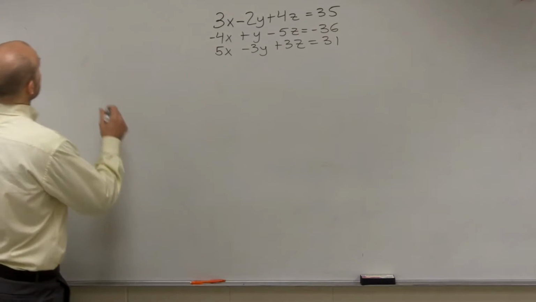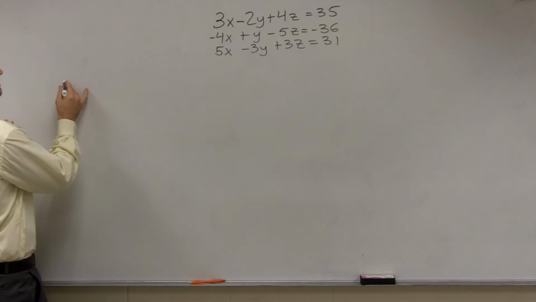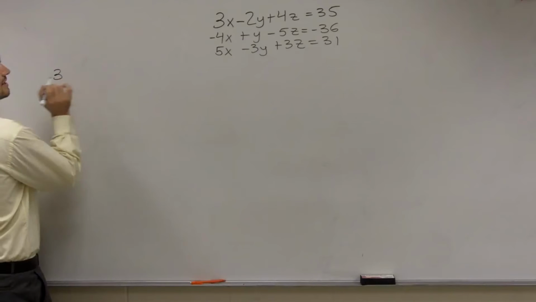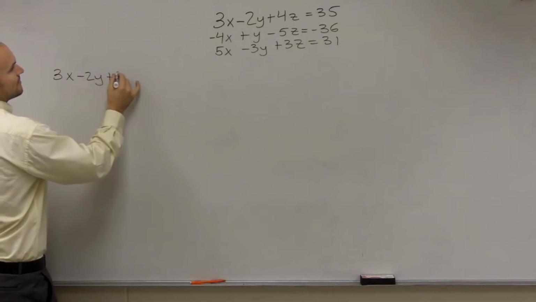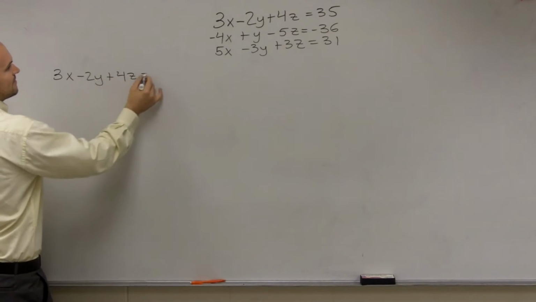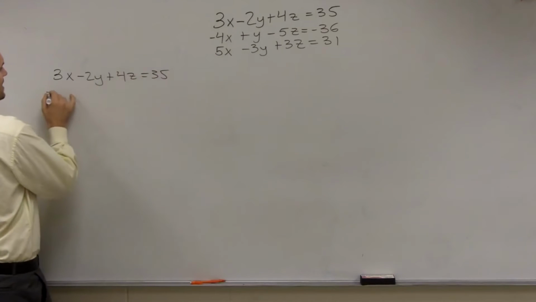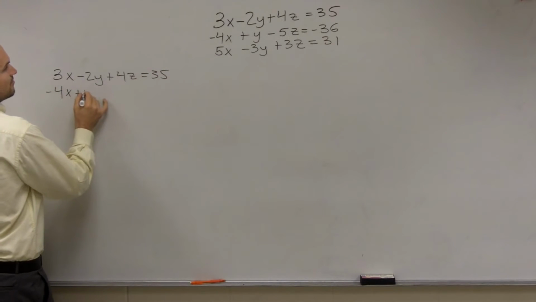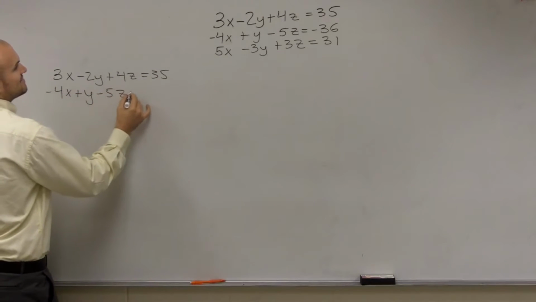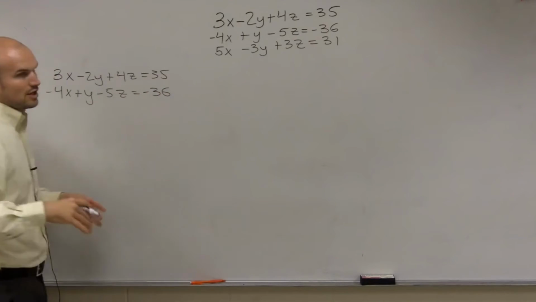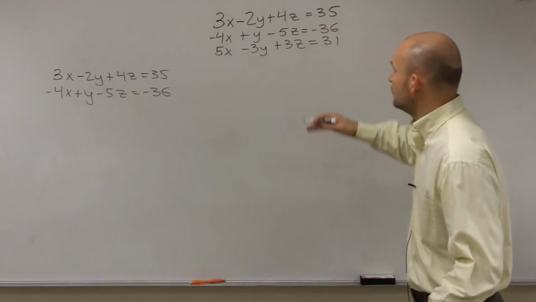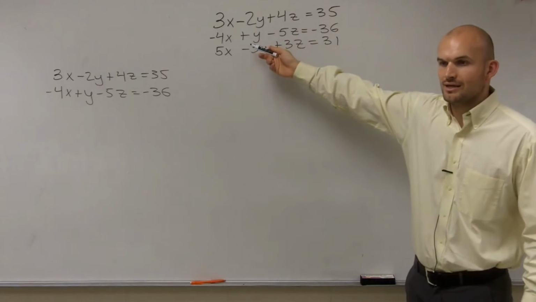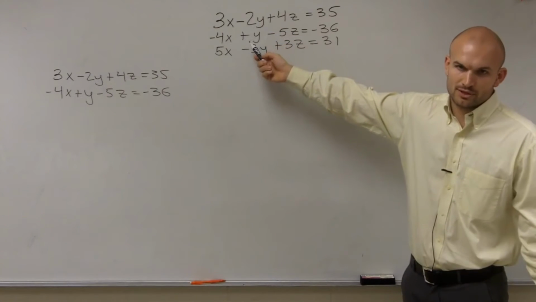So what I'm going to do is, let's go ahead and eliminate. We're going to set up two systems of equations. So I'm going to do 3x minus 2y plus 4z equals 35. And I'm going to take negative 4x plus y minus 5z equals negative 36. So I'm only going to pick two equations. I'm going to pick the top two, because you want to pick the one that has your variable that you want to eliminate, y, the one with the coefficient of 1.